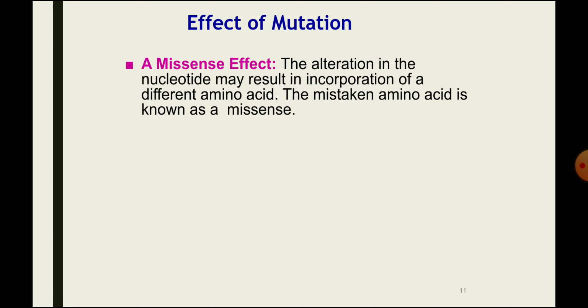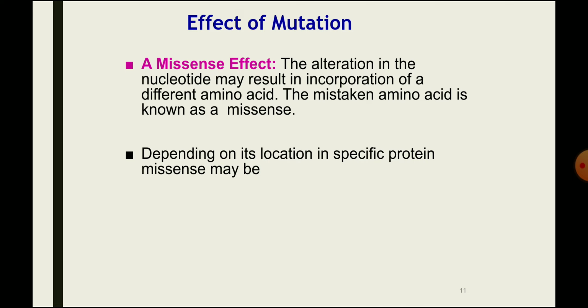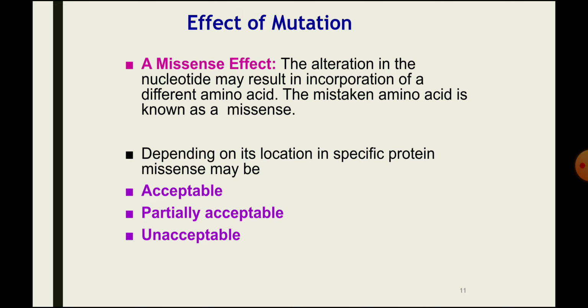Then what are the effects of mutation again? A missense effect is when an alteration in the nucleotide results in incorporation of a different amino acid. This mistaken amino acid is known as the missense. Depending on its location in a specific protein, missense may be acceptable, partially acceptable, or unacceptable.